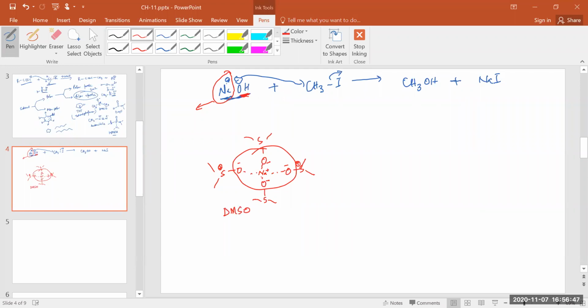If you take a polar protic solvent like water, water will surround the positive ion like this.